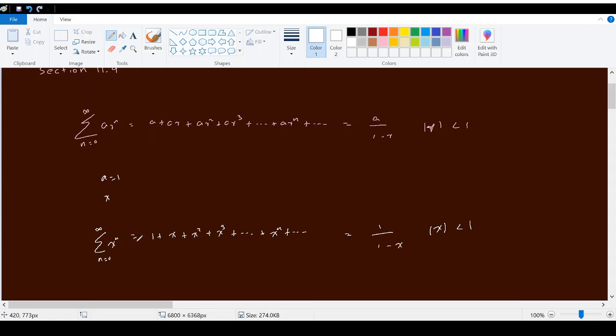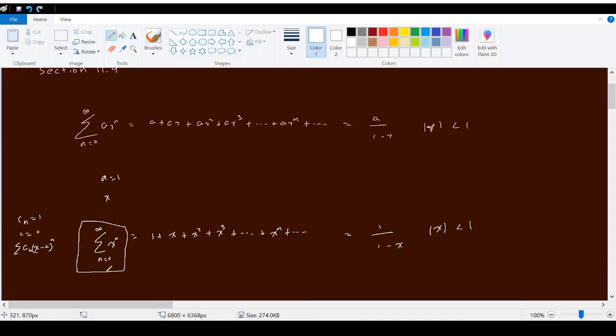Now we can even relate this series to the power series knowledge that we learned before. See here, this is of the format c_n times (x minus a) to the power n, where c_n is the constant sequence 1, and a is 0 in this case, right?